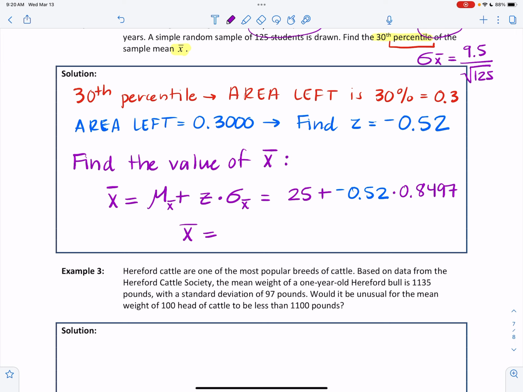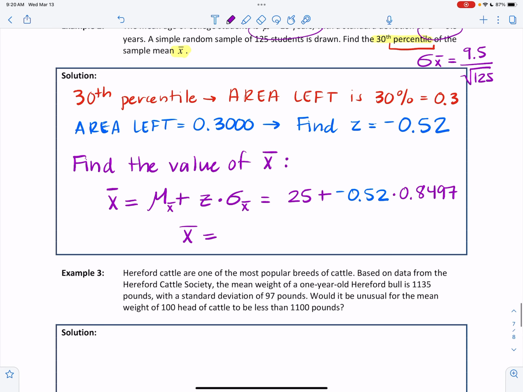Make sure you keep the negative on your z-score. Multiply that by the standard deviation. And this is telling me that the corresponding sample mean, rounded to 1 decimal place, is 24.6, and these are ages. So that would be 24.6 years.